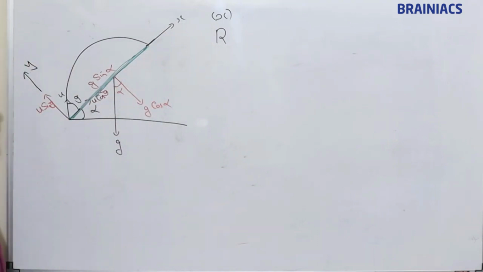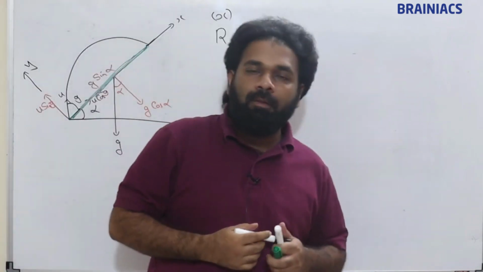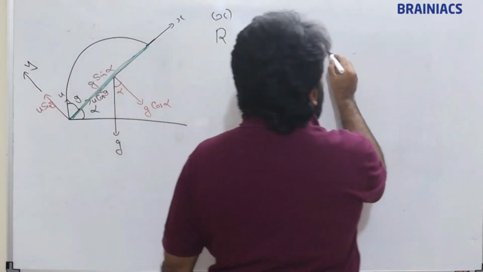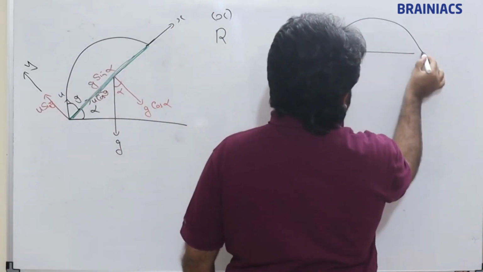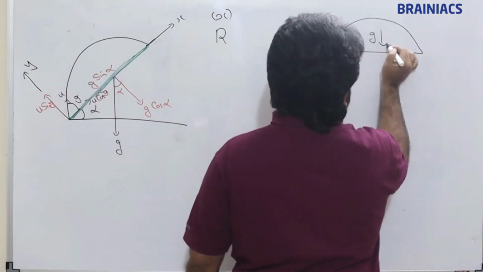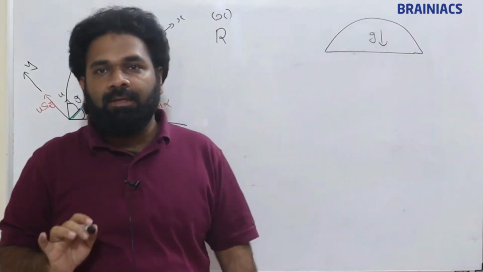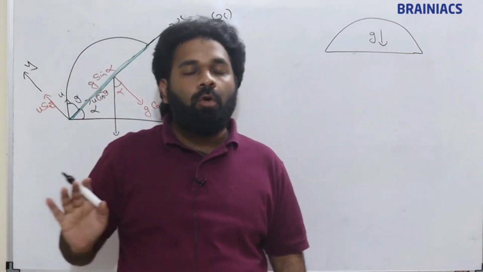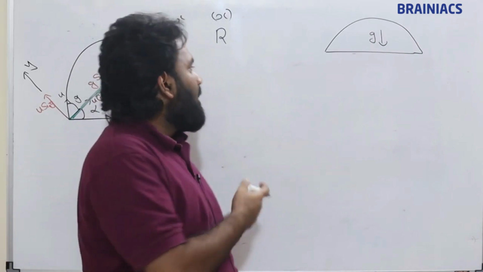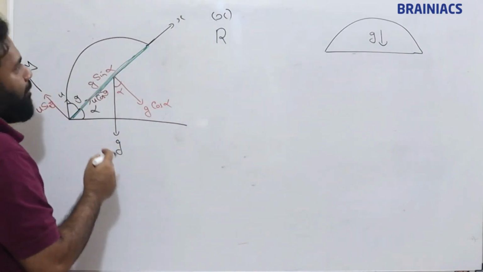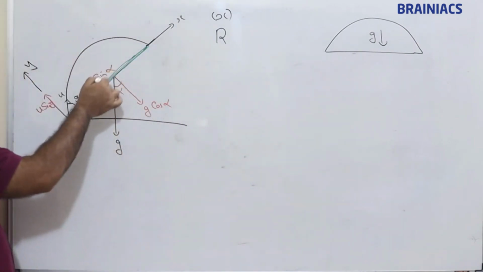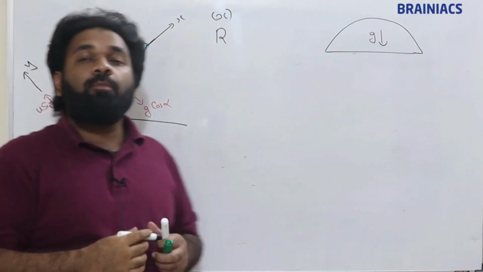Okay, so in the previous general projectile, there was g which is exclusively acting in the y direction. There was no g in the x direction. But here in this case, g sin alpha is acting against the motion.